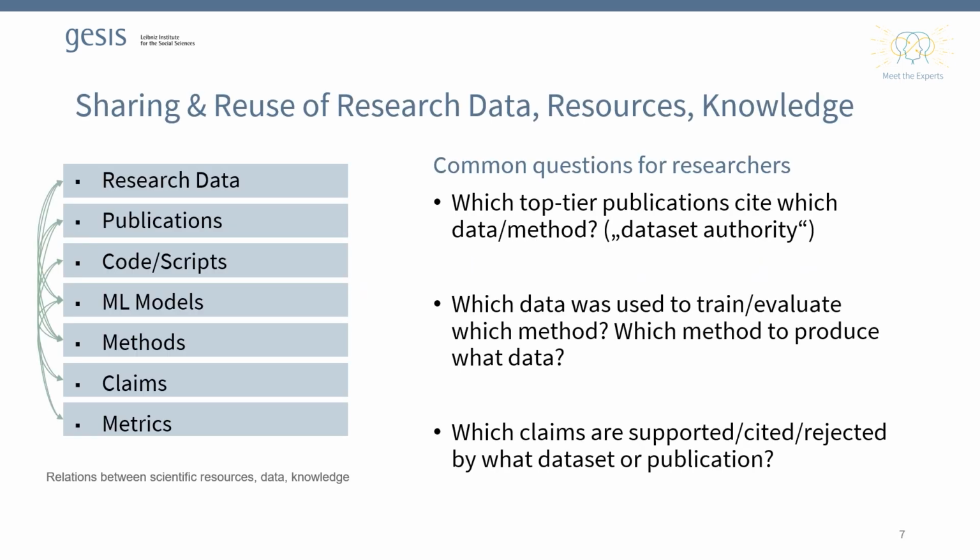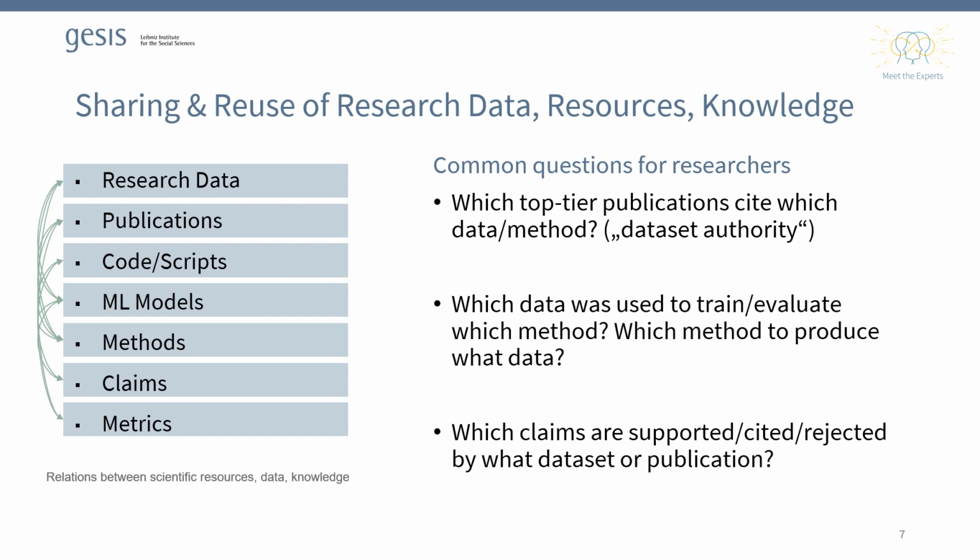When talking of research data, resources, and knowledge, what do we actually mean by this? We typically refer to things like research data, publications, machine learning models, applied research methods, and so on, and the relations between them.